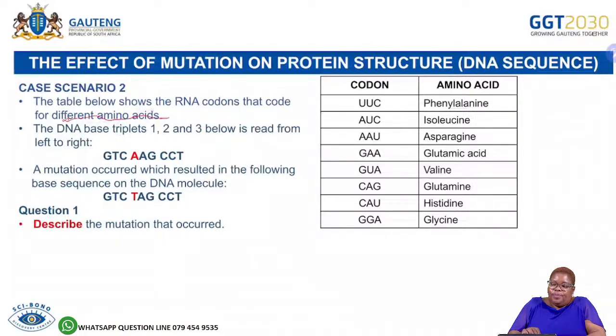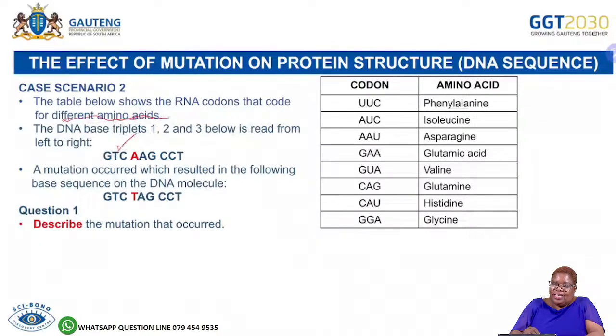The table shows RNA codons that code for different amino acids. Then the DNA base triplet 1, 2, 3 below is read from left to right. These are the base triplets. Remember, I've spoken about the triplets, or you can refer to them as codons. All right. So we've got GTC. This is the original base triplet.